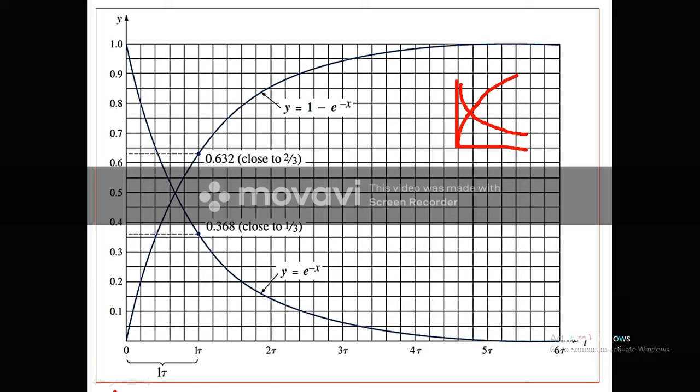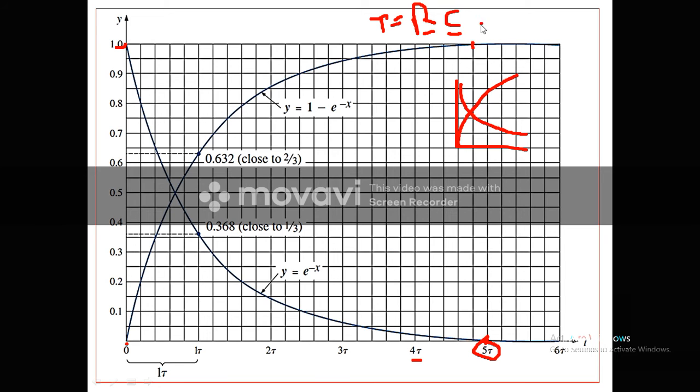Okay, it starts from 0 and ends at 1, and on the other hand it starts at 1 and ends at 0. As we can see, this whole process completes at 5 tau. Tau is actually the time constant, and in an RC circuit it depends upon these two elements R and C, resistance and capacitance of the circuit.